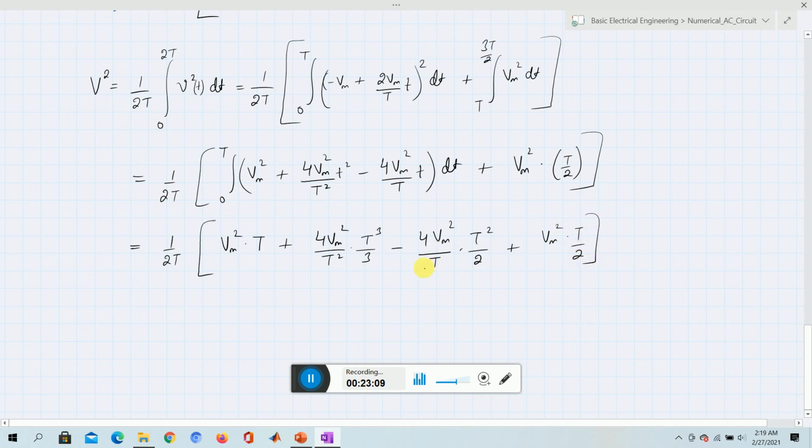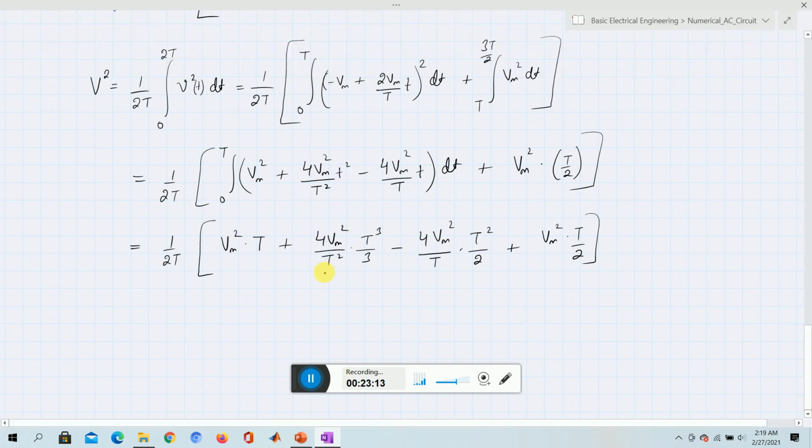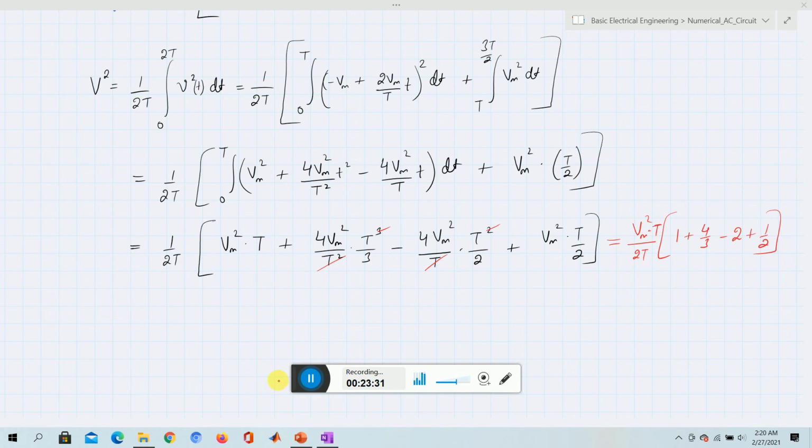Let us cancel some of the terms. Here these things will cancel. And here we can take V square and T common. So we get 1, then 4 by 3 left out, then 2 times minus of 2, plus 1 by 2.